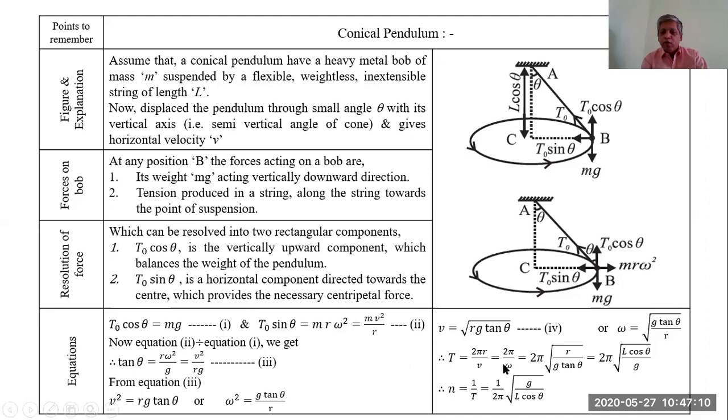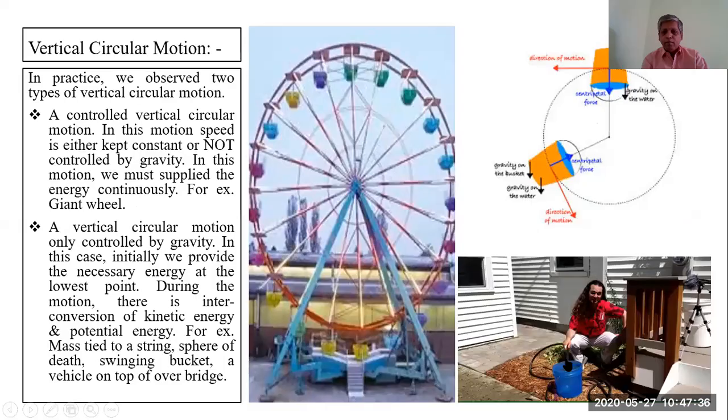If we substitute the value of omega as square root of g tan theta upon r, we get the same expression. If we substitute the value of v in these equations, r gets cancelled, one r remains. The same expression will be obtained. This is the expression for the period.